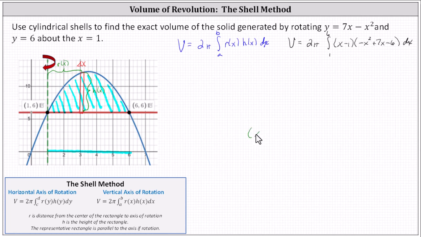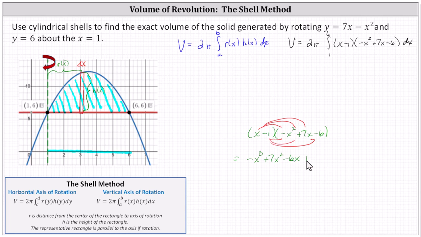We have the quantity x minus 1 times the quantity negative x squared plus 7x minus 6. Remember, we have 6 products here. We need to distribute x as well as distribute negative 1. Distributing x first, we have negative x cubed plus 7x squared minus 6x.